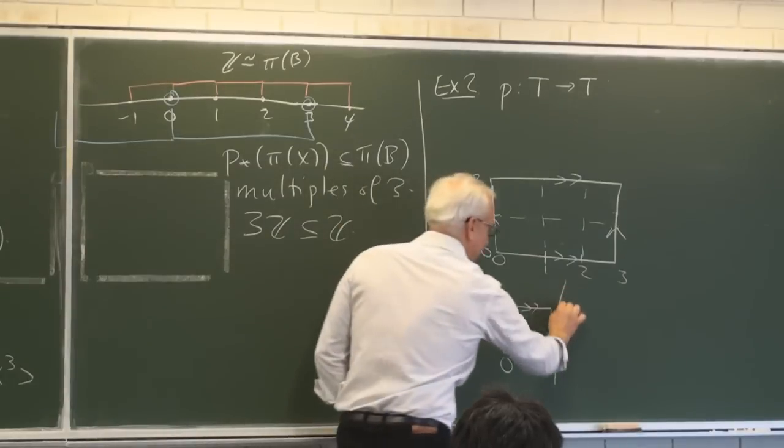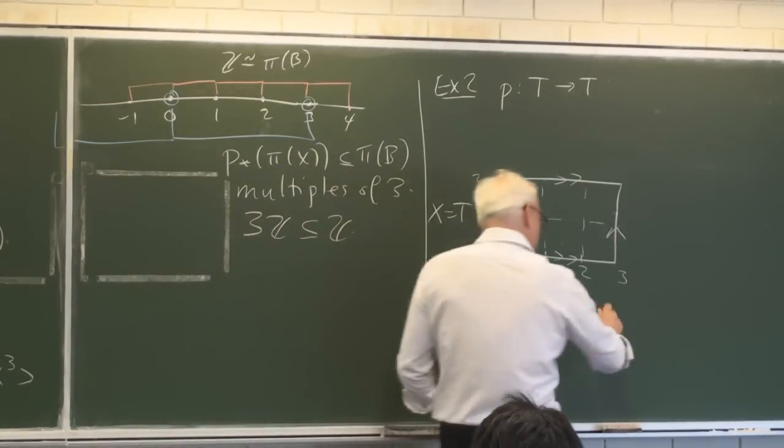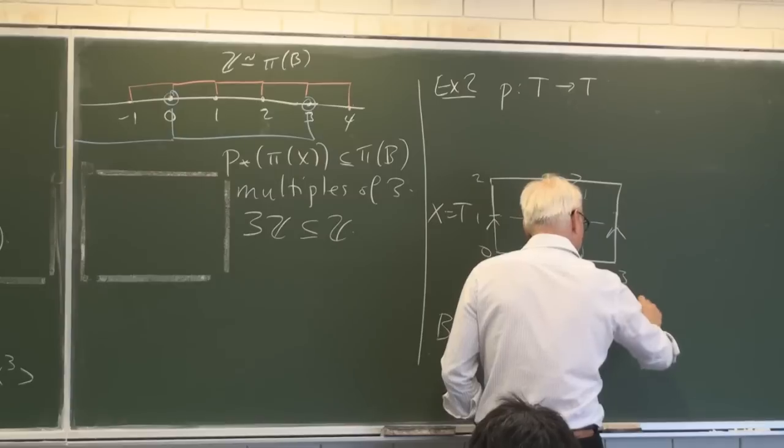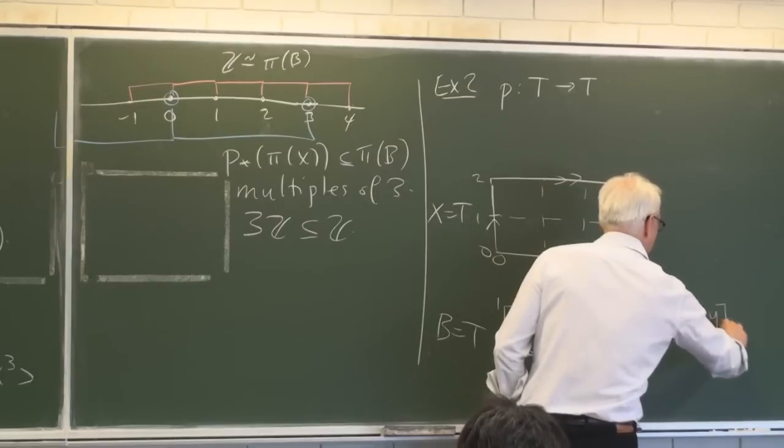And our map is going to be the same one we considered last time. It's going to be the map that sends the point xy to just xy mod 1.